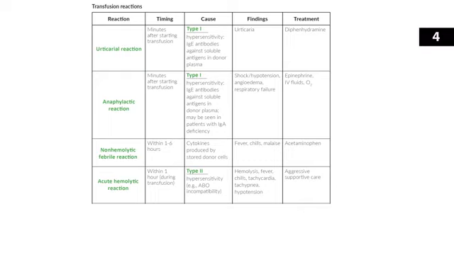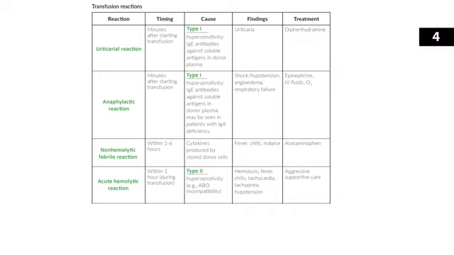This is an acute reaction, so it has an onset during the transfusion, within 1 hour, not hours or days later. The reaction is characterized by severe antibody-mediated hemolysis, leading to fever, chills, tachycardia, tachypnea, and hypotension. The treatment here is aggressive supportive care.